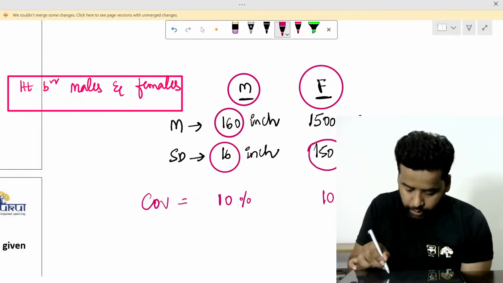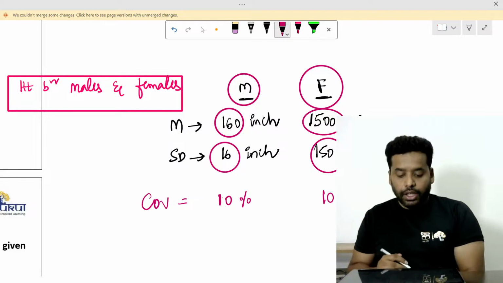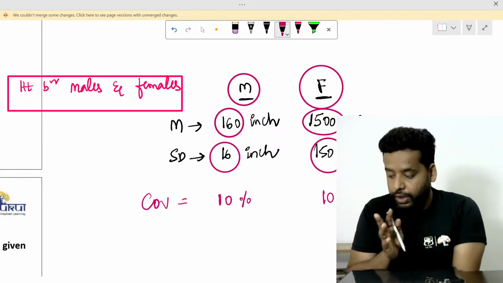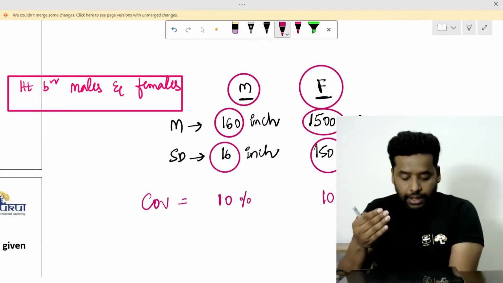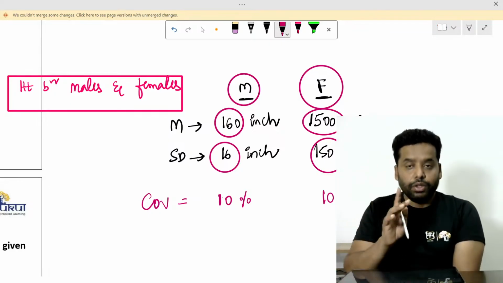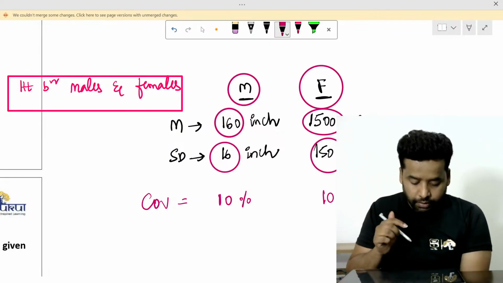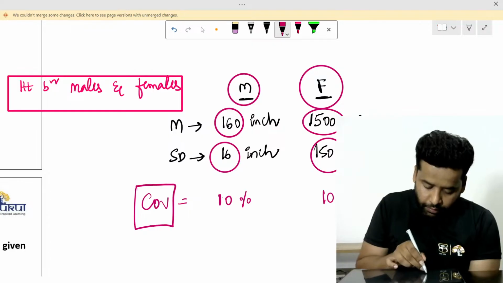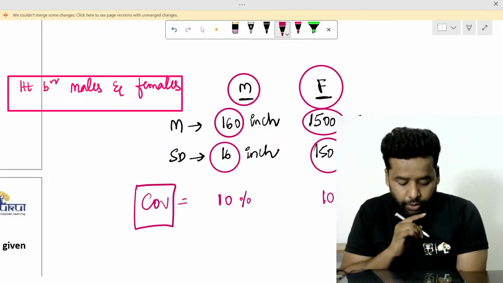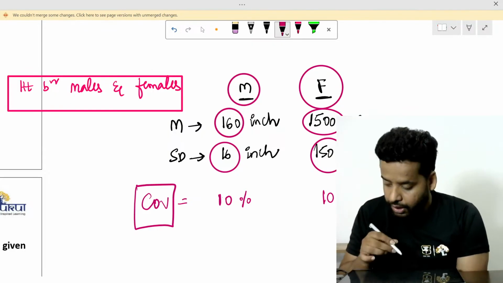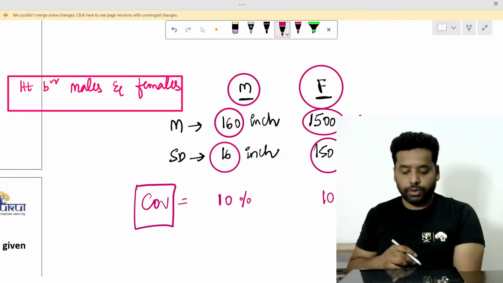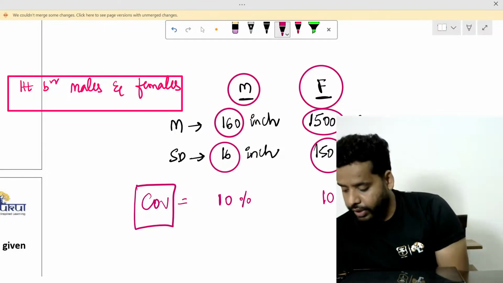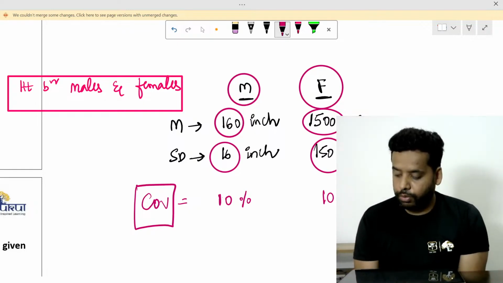The relationship you can check. Even though the units are different, you can tell whether it is more, less, or same using one parameter. This will be the question: what is that parameter which is not having any unit, a unitless dimension? Coefficient of variation. Always remember the words.